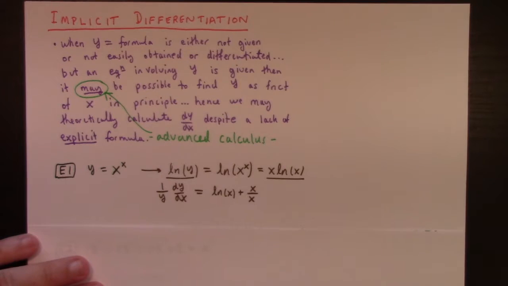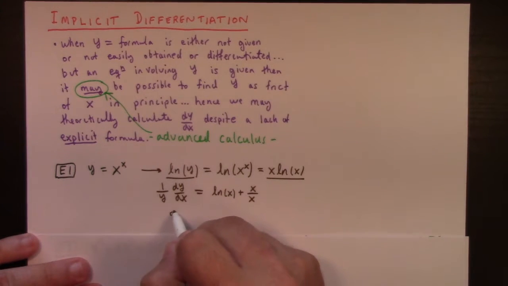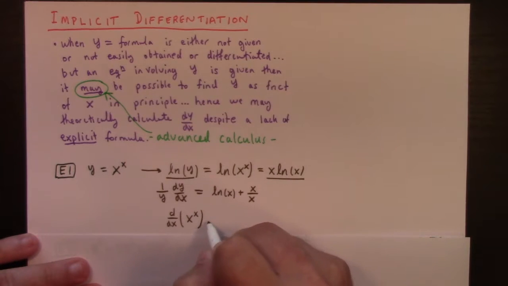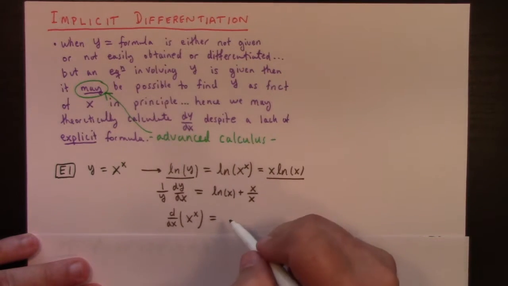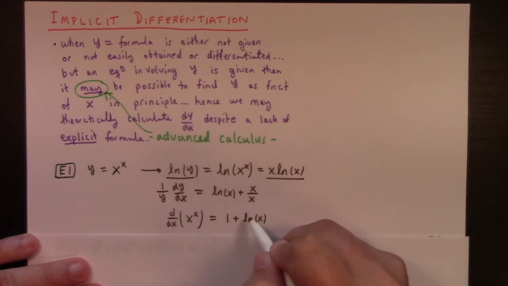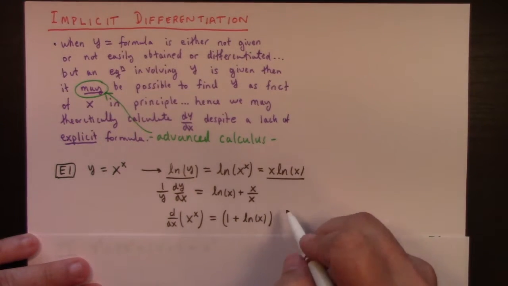Consequently, we find that the derivative with respect to x of x to the x is exactly 1 plus the natural log of x, times y, but y is x to the x.